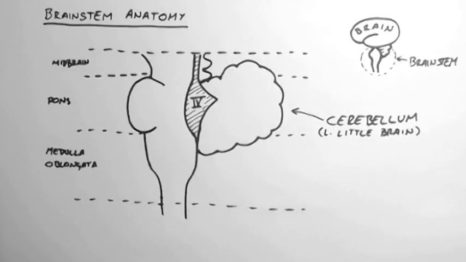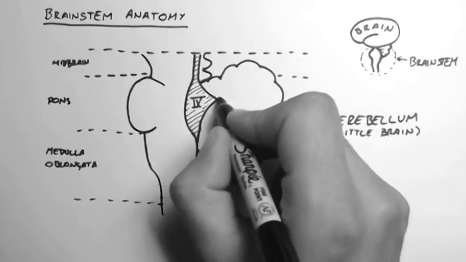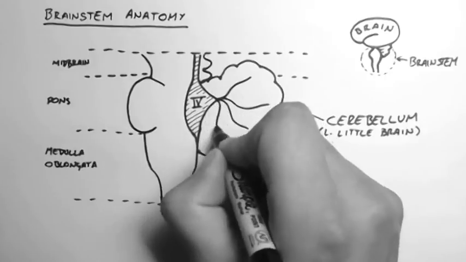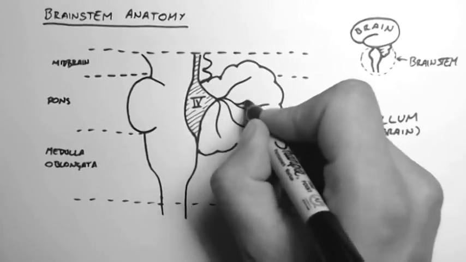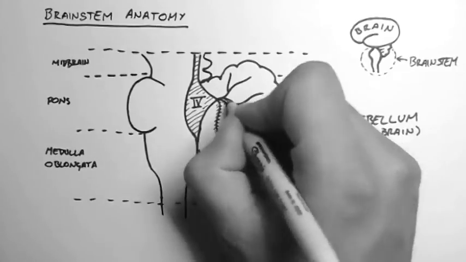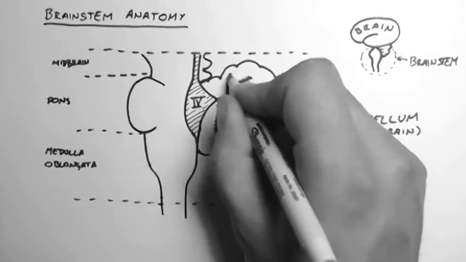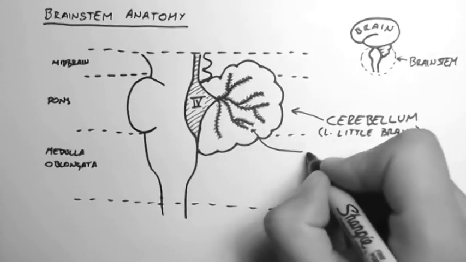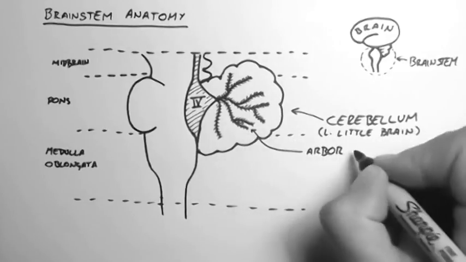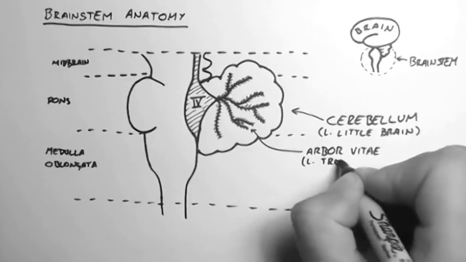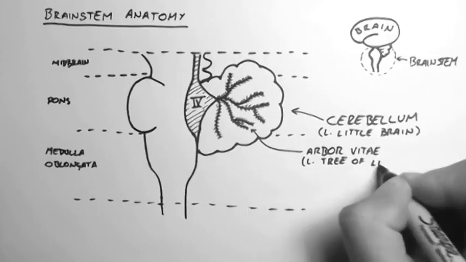Now this is my favourite structure in the brain, and it's this tree-like structure of white matter tracts that runs through the cerebellum. So this whole structure is called the arbor vitae, and that's Latin for the tree of life.